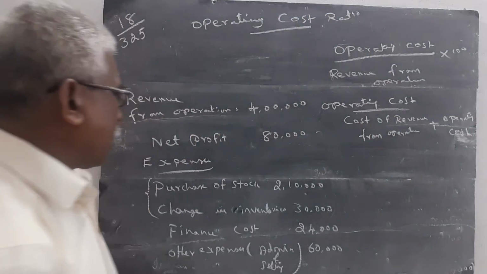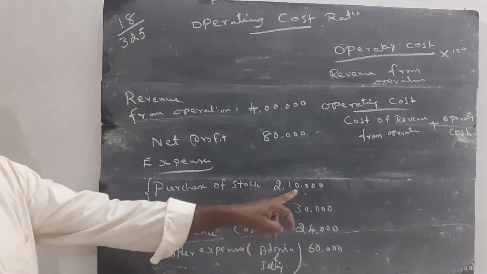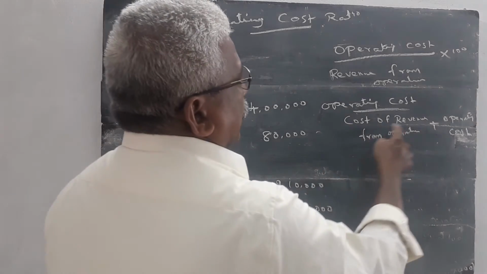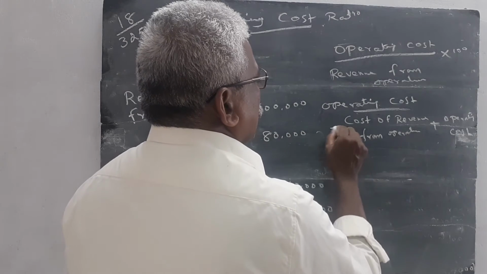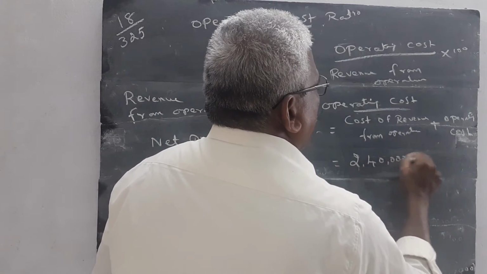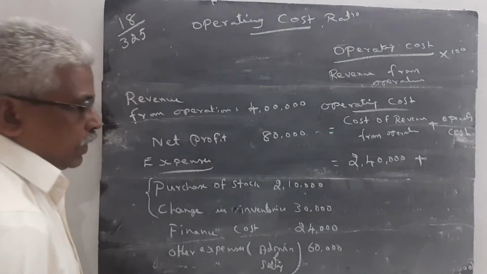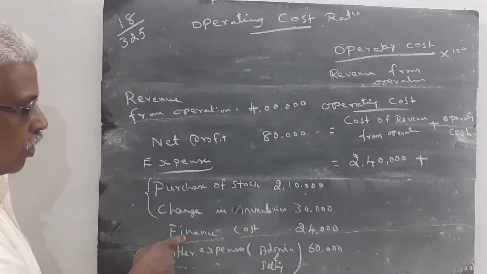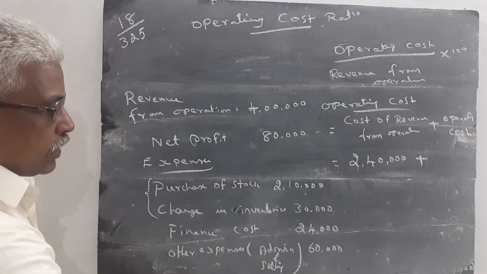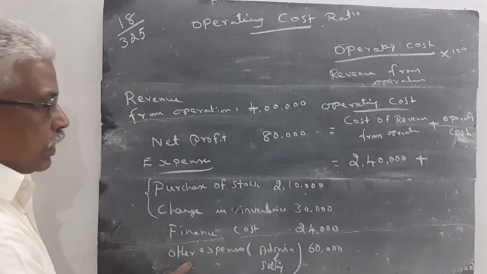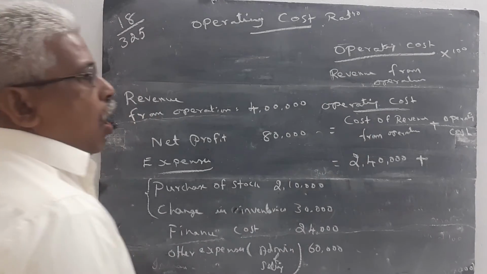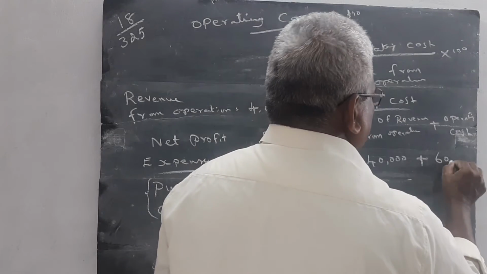Cost of revenue from operation we already calculated: 2,10,000 plus 30,000 is equal to 2,40,000. The finance cost is not taken into consideration. Other expenses like administrative expenses and selling expenses alone are called operating expenses. So the operating expenses are 60,000.